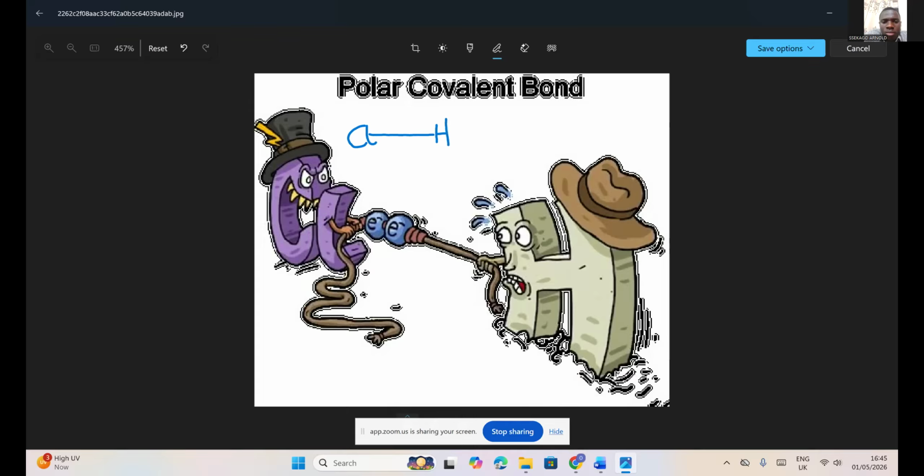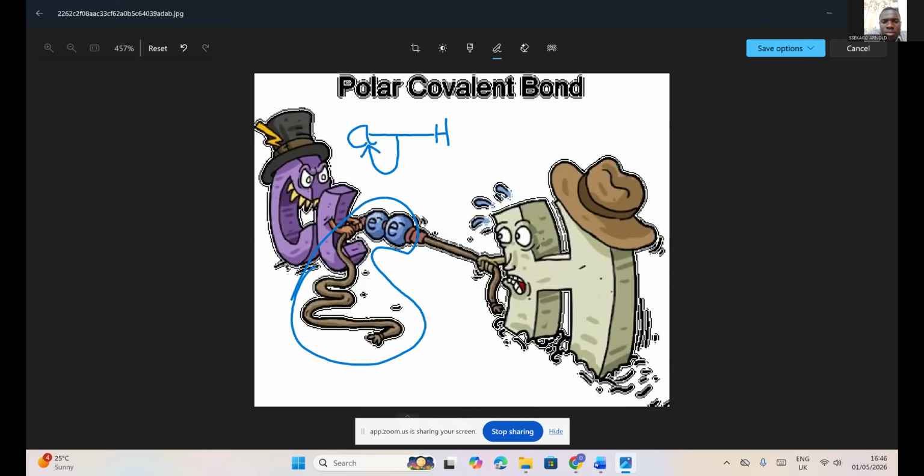You see? Cl is more electronegative. Are you seeing this rope? The longest part of the rope is towards Cl. Cl has more energy than H. Therefore, Cl attracts strongly.